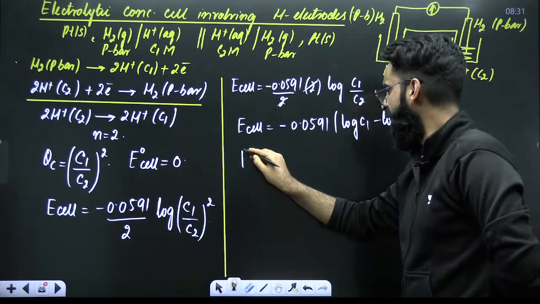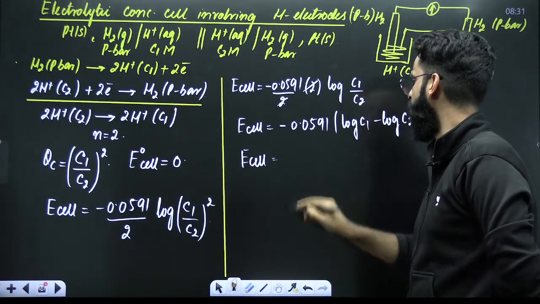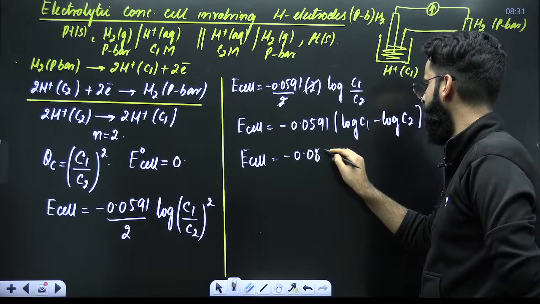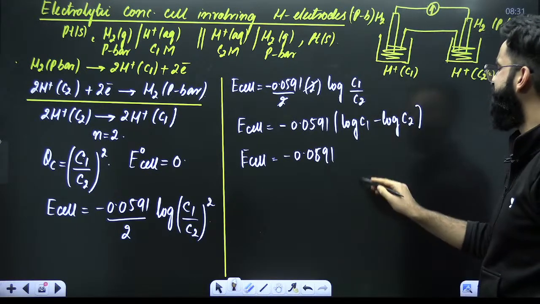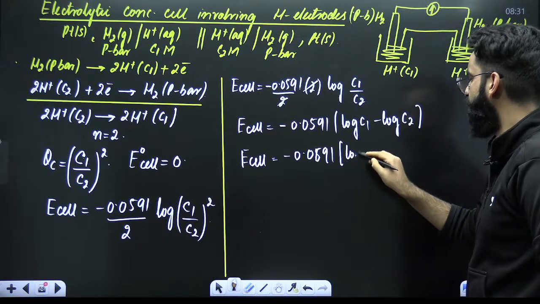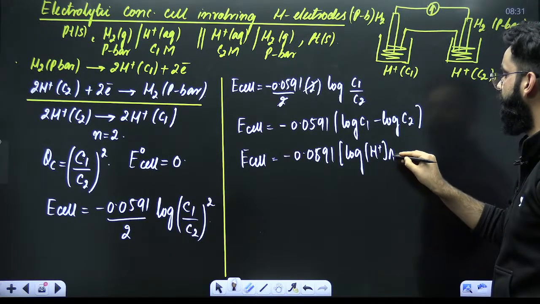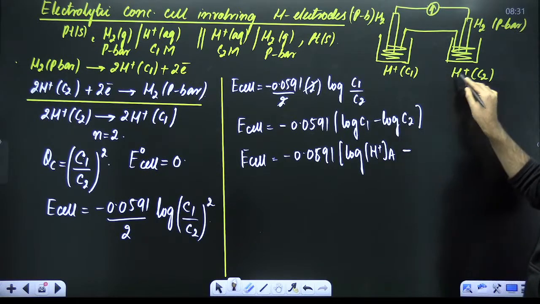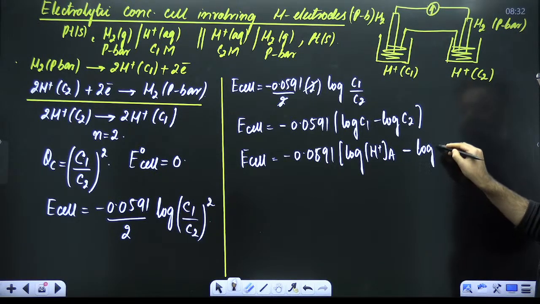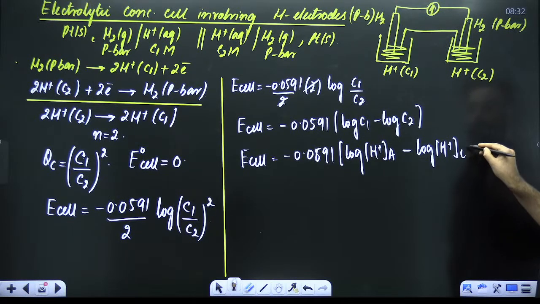Okay. Now, if I ask you what is the C1 and what is the C2, see guys, it is minus 0.0591. Log of C1. What is C1 exactly? C1 is the concentration of H positive in anode, right? Minus log of C2. C2 is the concentration of H positive in cathode, right?